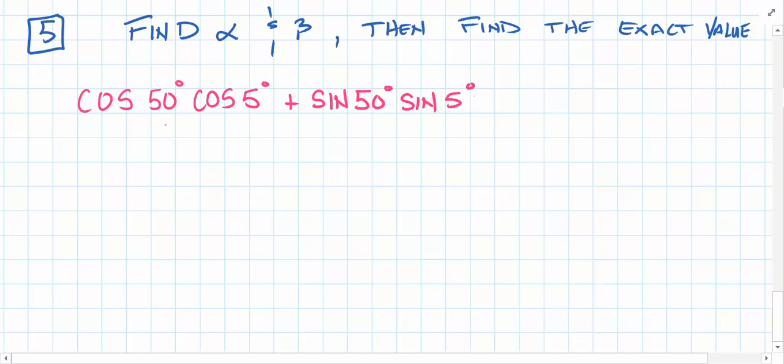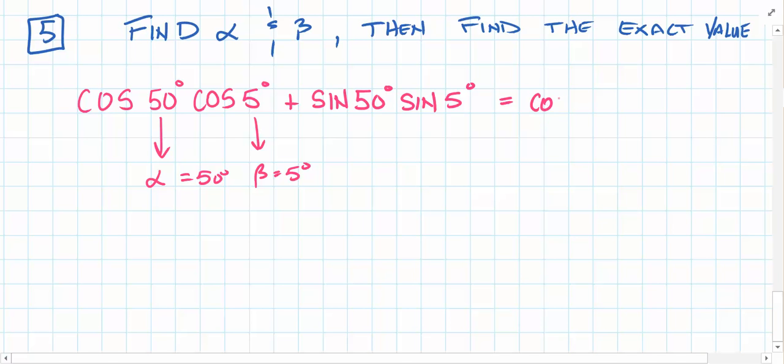So we're starting with the right-hand side, and you're working backwards. This part represents our alpha, so alpha was 50 degrees. This part represents our beta, so beta was 5 degrees. Is this a sum or a difference? It's a difference. Is it cosine or sine? It's a cosine difference.